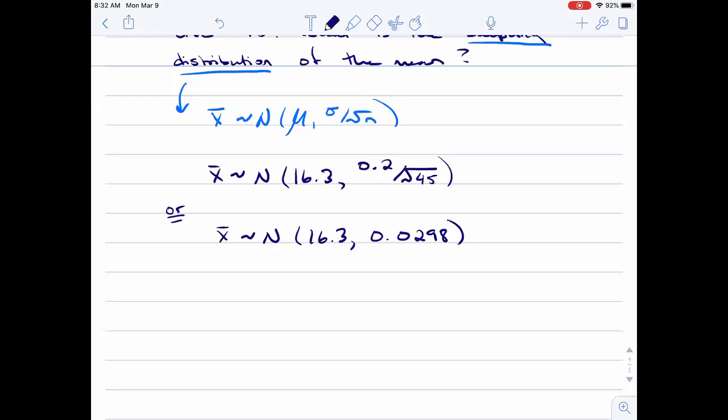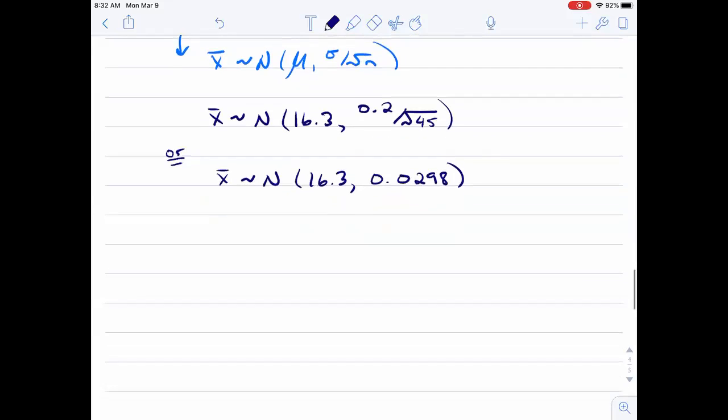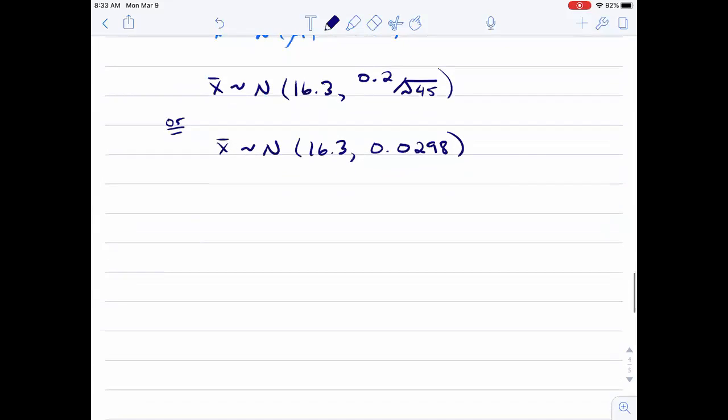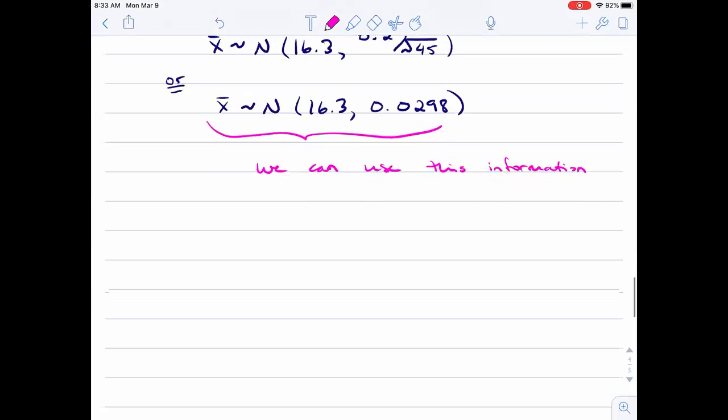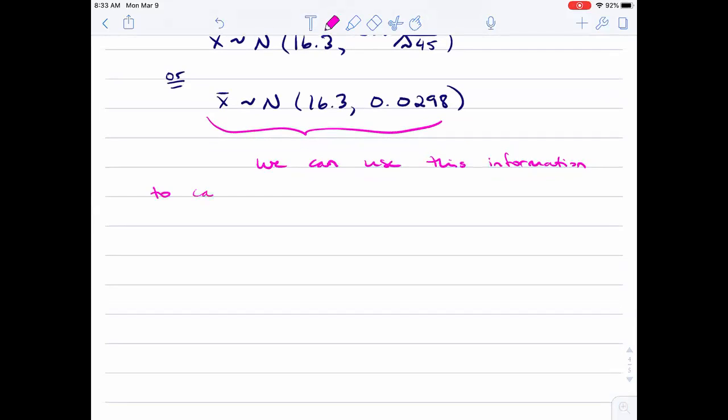And so now we can use this information to calculate probabilities using z-scores.